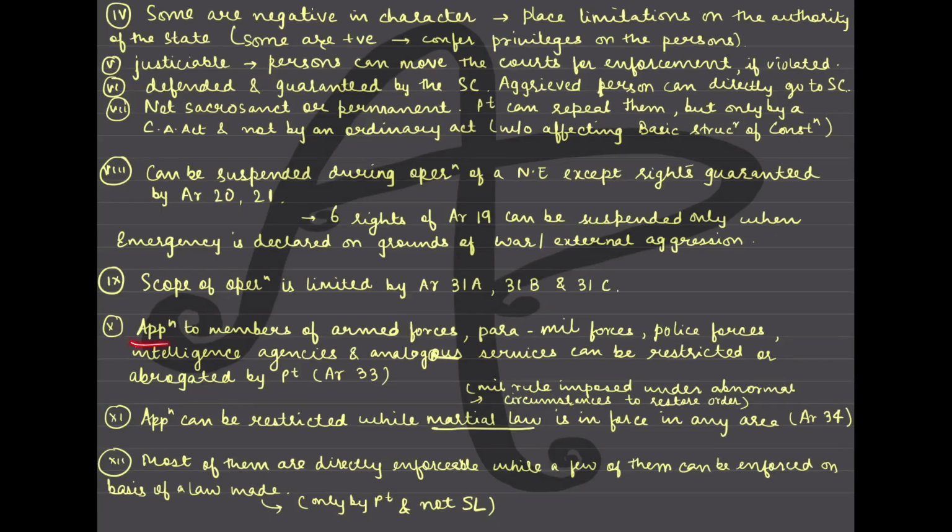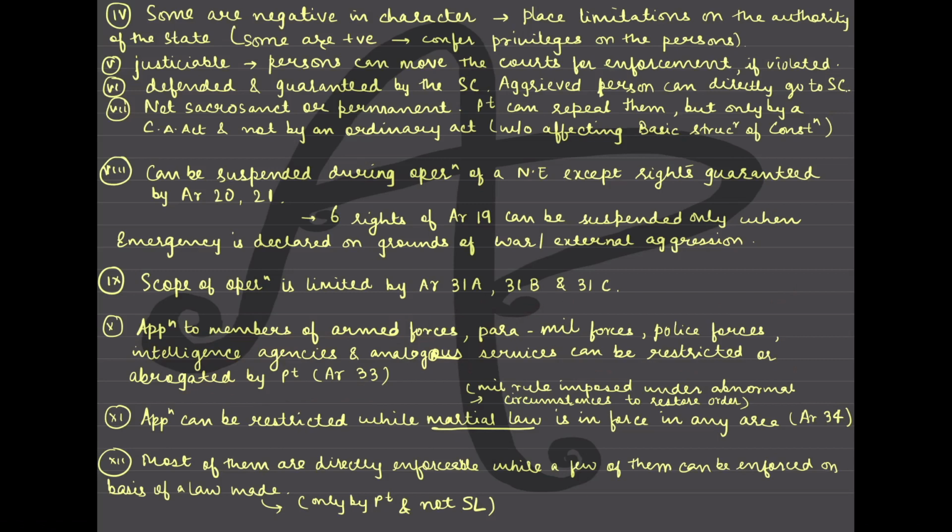Then the application of the fundamental rights to members of the armed force, paramilitary, police force, intelligence agency and analogous services etc. can be restricted or abrogated by parliament. Now see, you do not have to worry about the wordings of all of these. Every feature that we are discussing just now only as a list is going to be done in detail separately in fundamental rights.